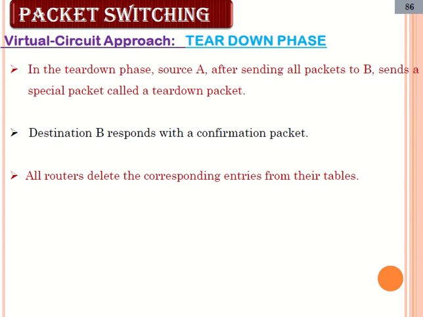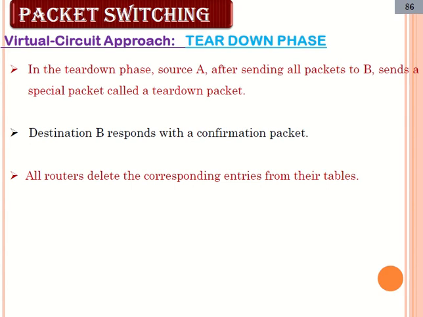So we have seen the packet switching method, in that the virtual circuit approach. This will be the end of the introduction to the network layer. Till now we have seen the tasks performed, or the different services provided, by the network layer.